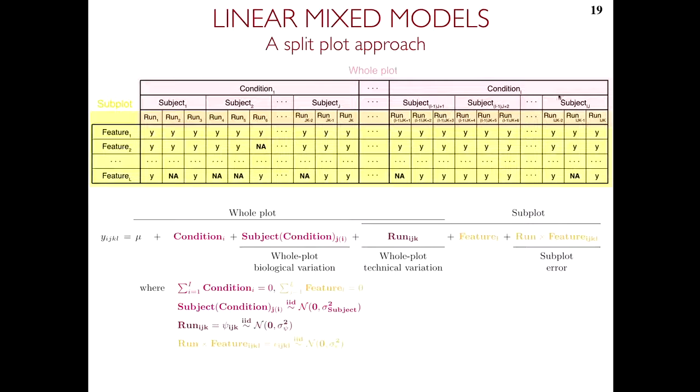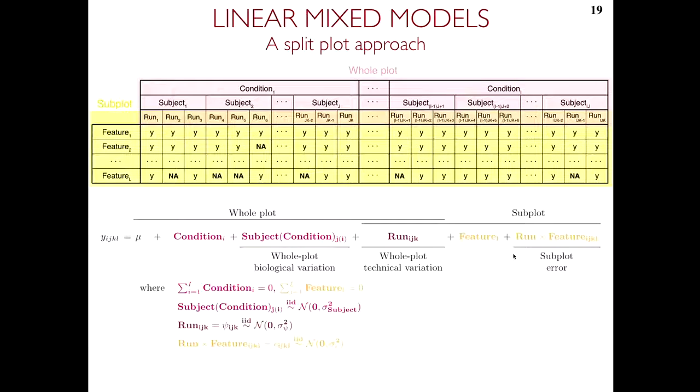The pink part is the biological aspect of the experimental design, so it is expressed in the pink terms, and the yellow part is the technological aspect, so it is expressed in the yellow terms. And this was something we have been working on: how to design these models to extend the t-test to incorporate this kind of more complex structure.